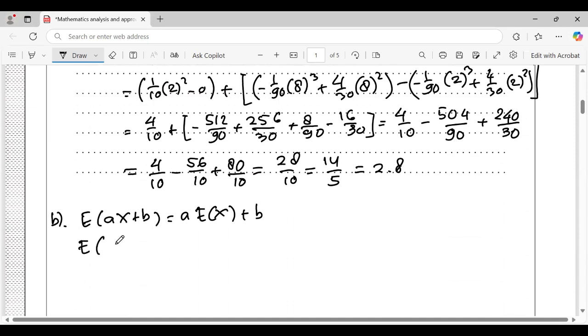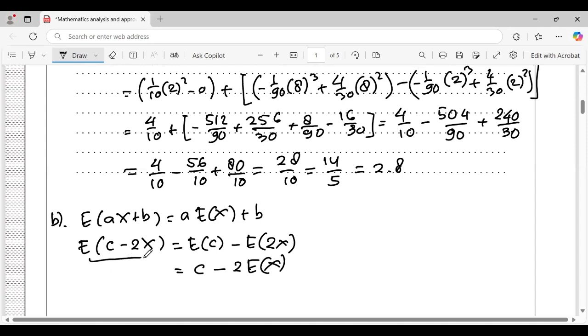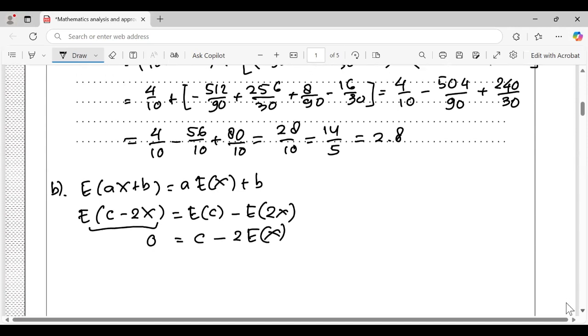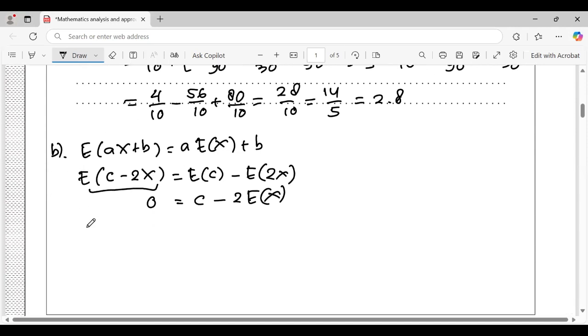The expectation of C minus 2x equals expectation of C minus expectation of 2x, and while this expression is 0, according to the information, we can state that C equals 2 times the expectation of x.